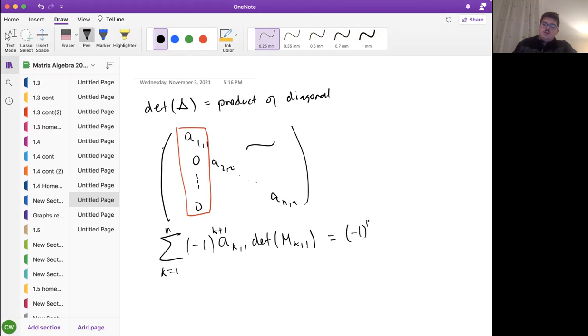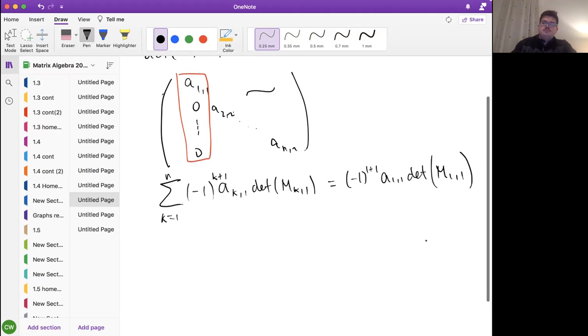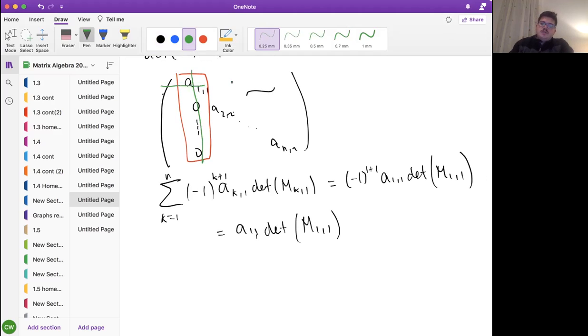We have (-1)^(1+1), A11, and determinant of M11. Okay, could someone read out M11? So what happens when you delete the first row and first column? What do you get? Right.